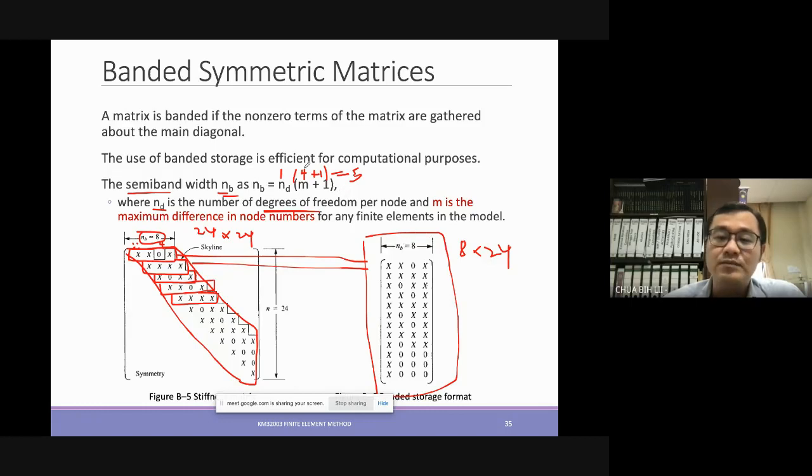So to get 8, probably this one is maybe 7, or maybe this is 2 times (3 plus 1). So this is what it means. So let's say now we take the degrees of freedom per node equal to 2, and M is equal to 3. So now what does this M mean?